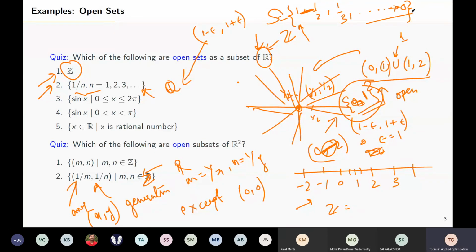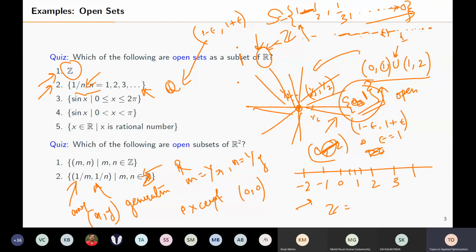There are points going dense towards 0. Let us say this point is 0. There are many points dense, but after that it's very scattered, and then it's 1 here. So these points can never be interior points in Q because there are infinitely many rational numbers between them. No matter how small I go, I always get so many rationals which are not yet covered in this sequence 1/n. So that's the problem here.